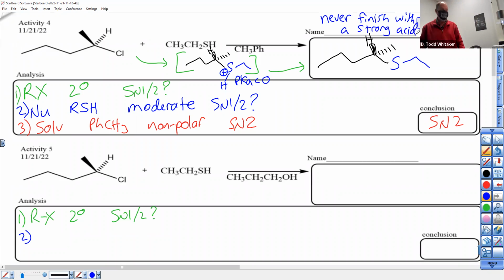The solvent grabs the H, but the solvent really can't, or the nucleophile. There's always something to grab an H from a strong acid. It usually ends up in the solvent. And there you go. Your old R stereo center is now S. Why is it S? Because you chose SN2, right?